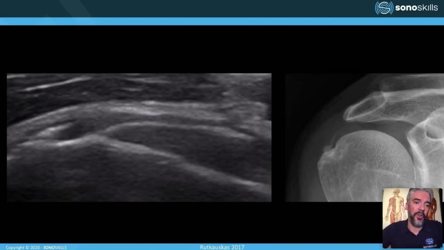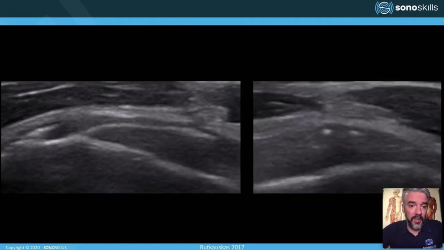These calcifications can be more like a deposit, but sometimes they can be like enthesophytes at certain insertions, or they can be like longitudinal tearing. You have this delamination process, and a certain calcification can also happen between these two laminas of a tendon, and these can also be observed in the X-ray in this case.